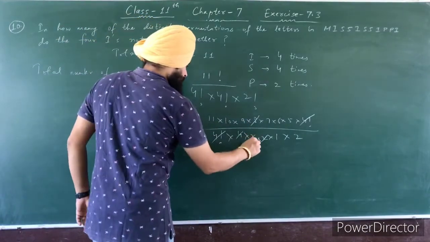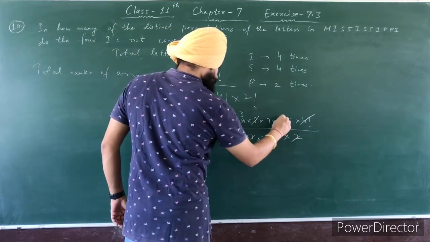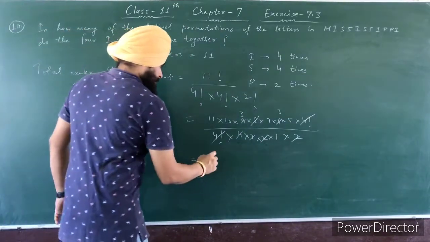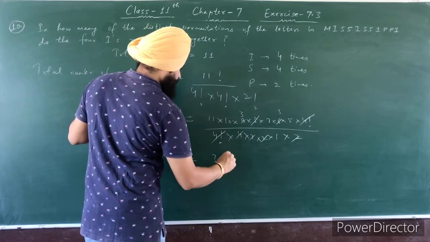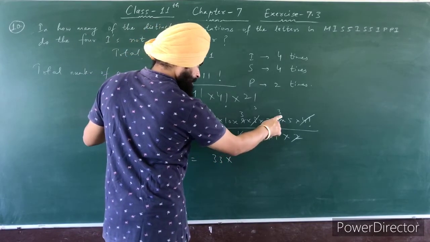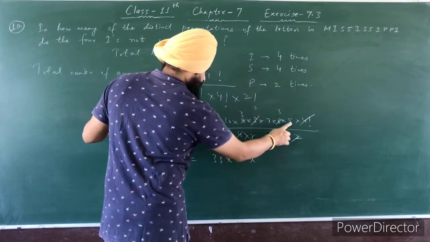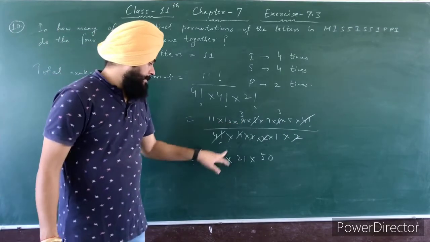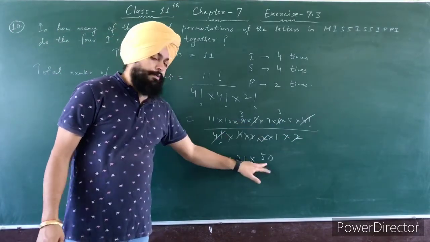Next 3 1s are 3, 3 3s are 9. Next 2 3s are 6. Clear? Now multiply this. 11 3s are 33. 7 3s are 21. And 5 times are 5.